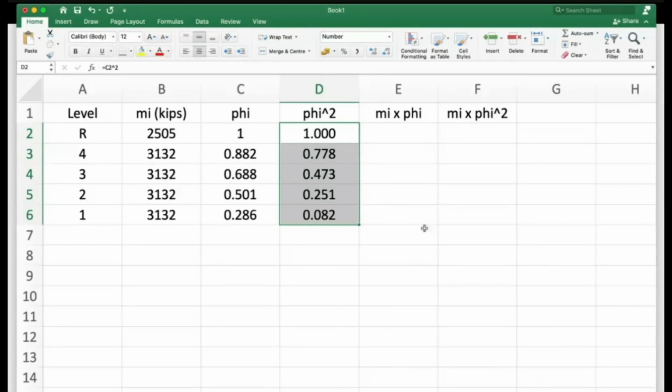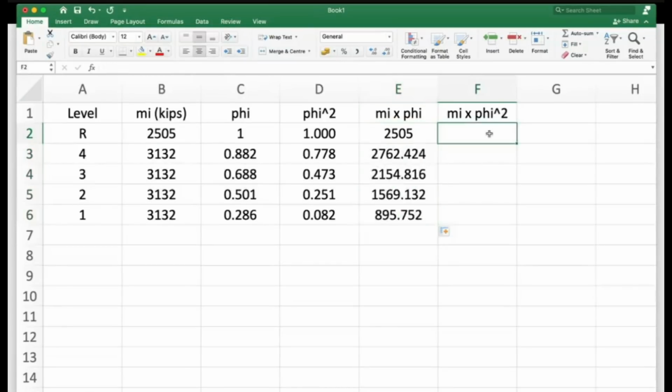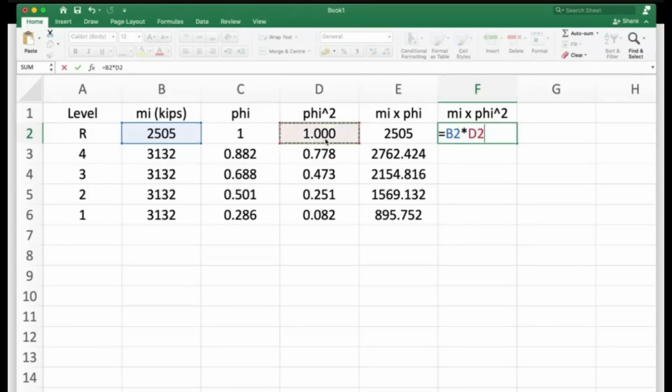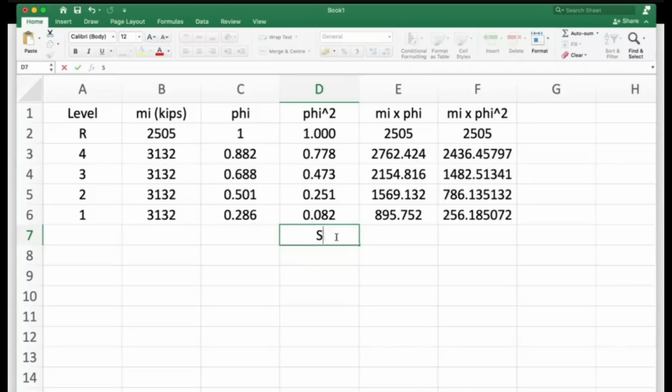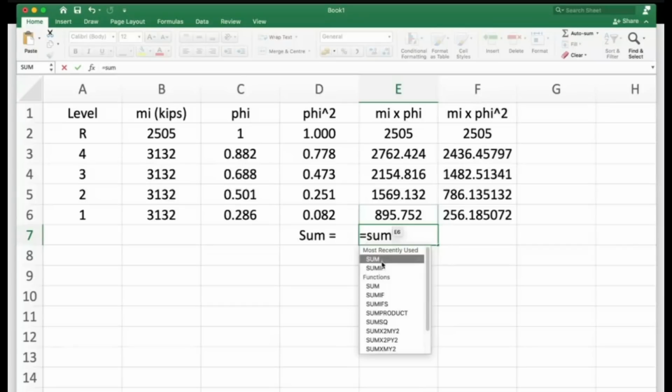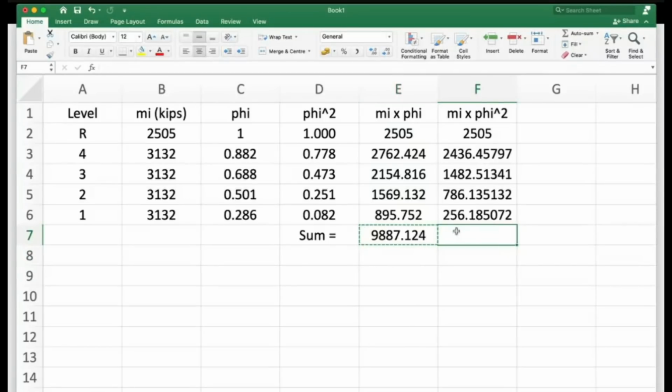Now let's calculate mi phi. So we have to multiply this column with this, and we have to multiply this column by this. Now we have to sum these two columns.